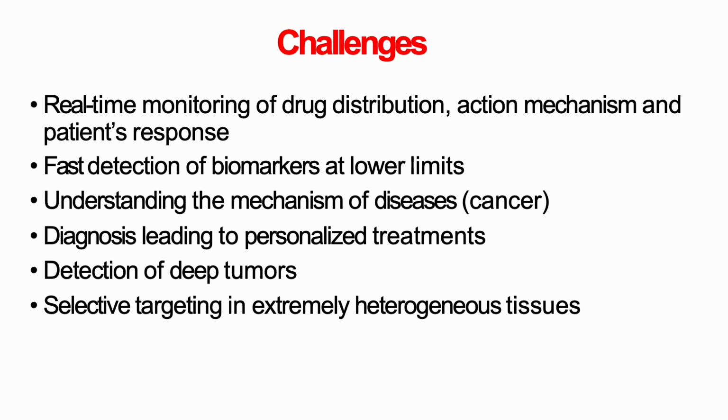Another one is selective targeting in extremely heterogeneous tissues. Same thing with cancer cells, for example. We know very well that in cancer tumors, we have several types of cells.